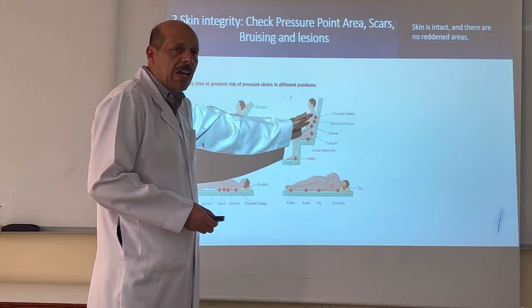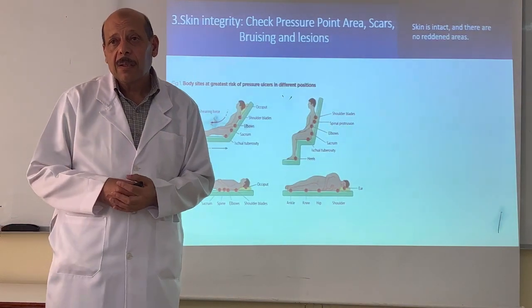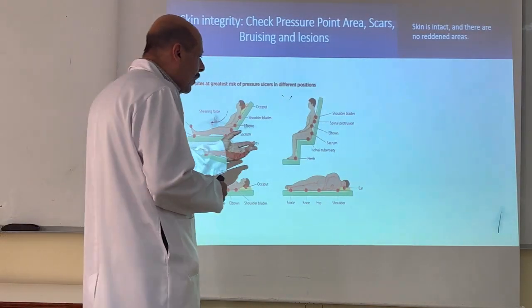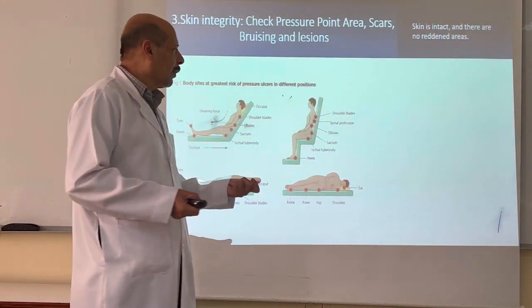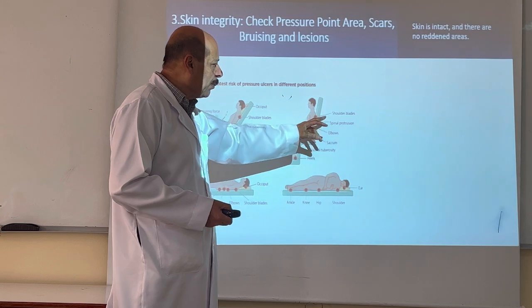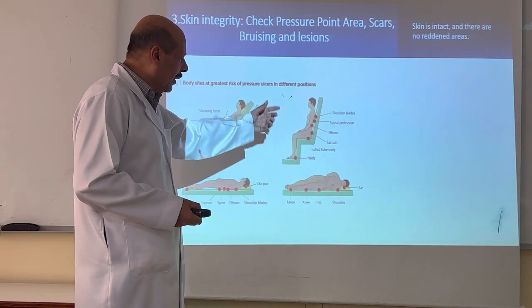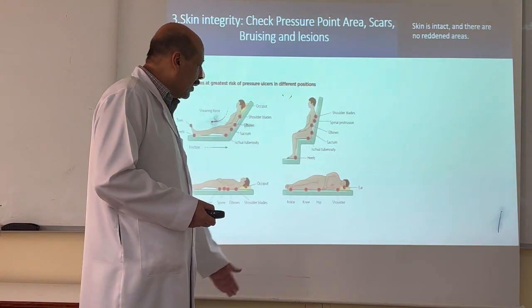If he is chair bound, if he is using the wheelchair and he cannot move without the wheelchair, also the elbow might be affected, the shoulder, the spinal processes, the heels also, the ischial process.